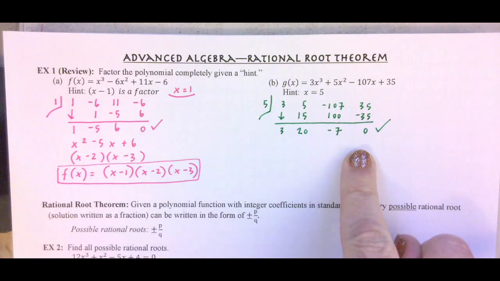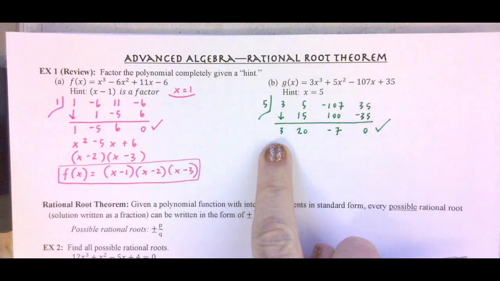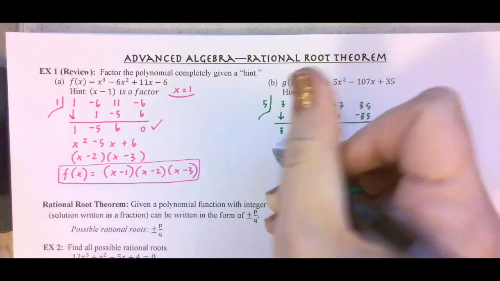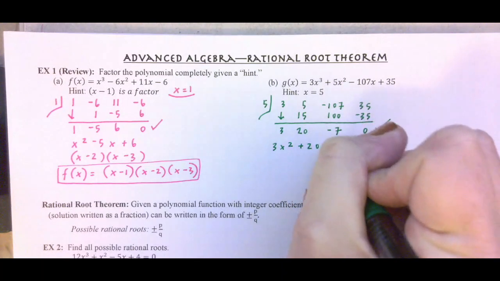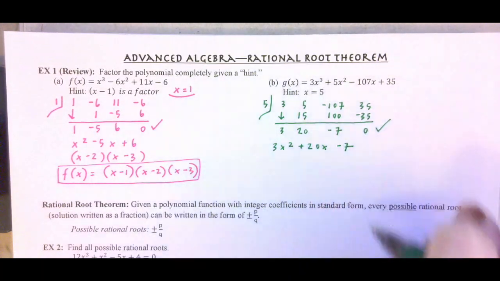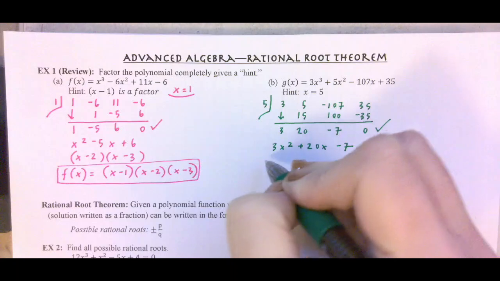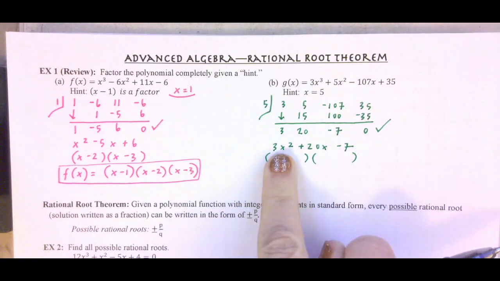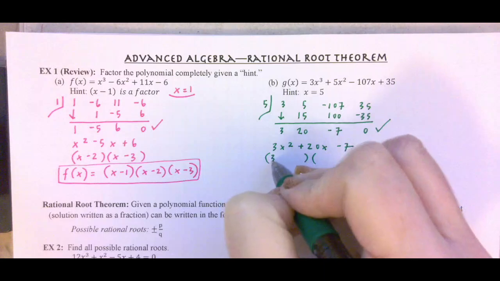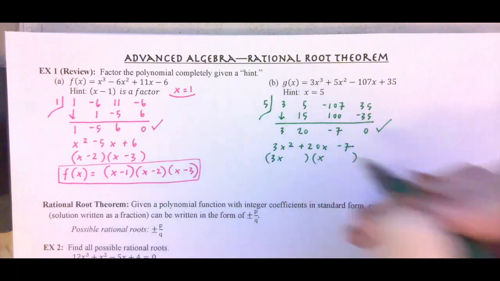So now what's left over? Quadratic, linear, constant. Okay, keep factoring. This isn't a basic one though. This one's a little bit more complicated because of that 3x squared, but it has to be a 3x and an x.